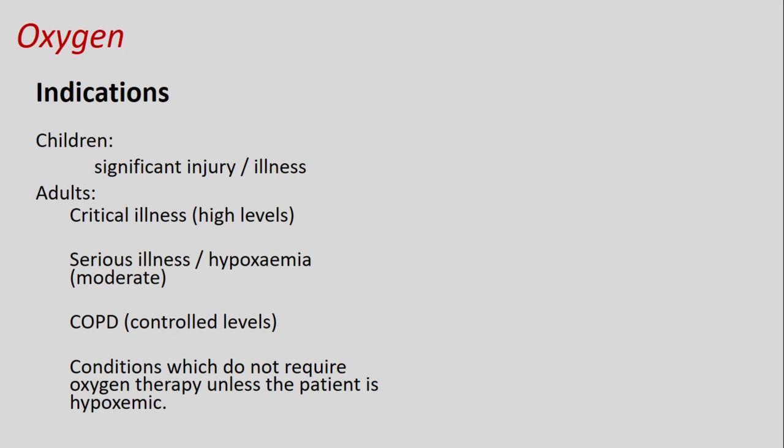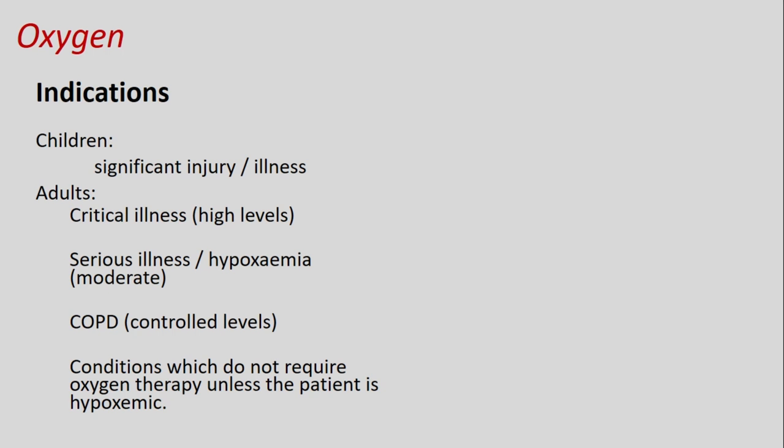Oxygen is indicated for a plethora of conditions. Particularly in children, it is indicated for significant illness or injury. In adults, there are a number of indications. My advice would be to refer to the JRCALC guidelines dependent on the condition that presents in front of you.